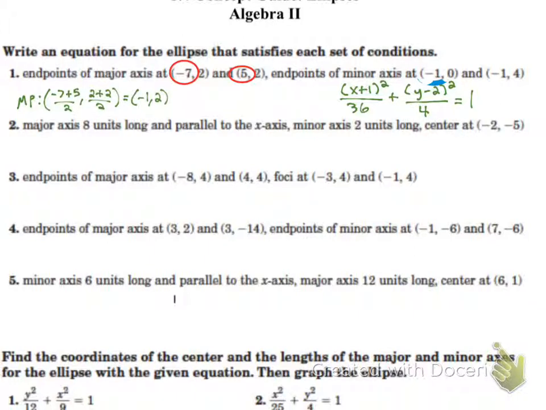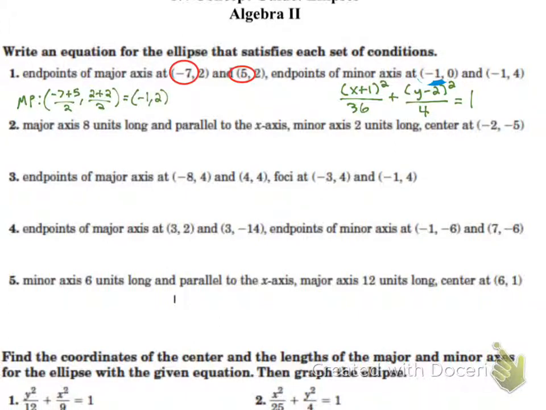With those 2 points, I can do the distance formula. It will work every single time. But a little shortcut would be, if you were looking on a graph, from -7 to 5 would give me 12.